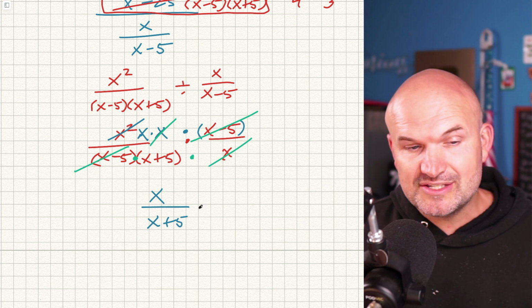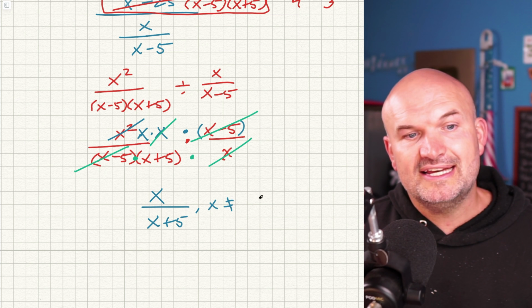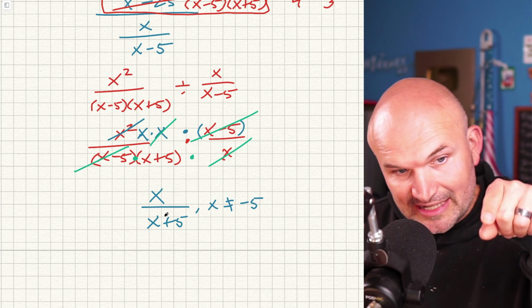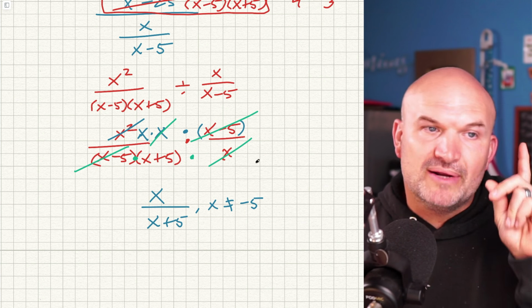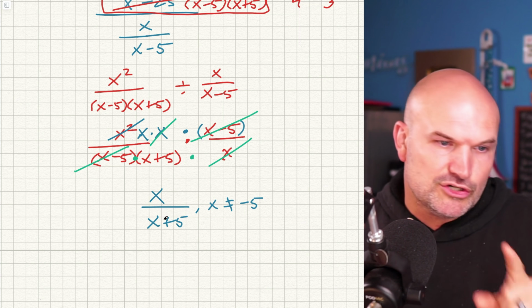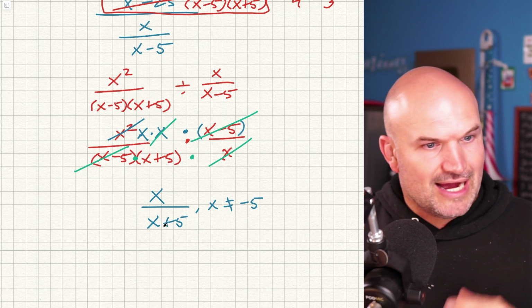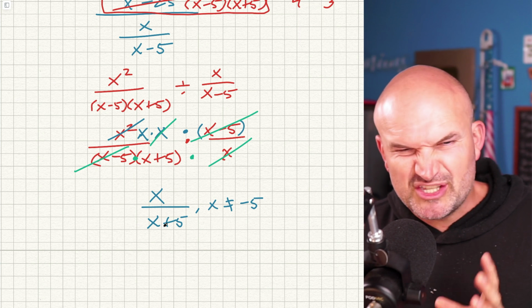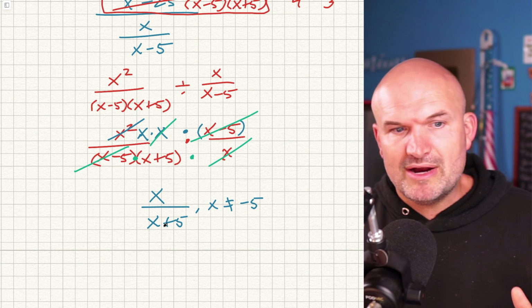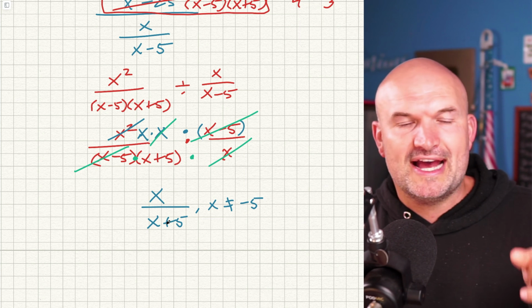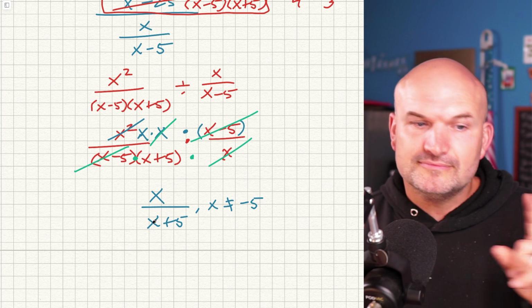Now again, in this case, we can see that x cannot equal negative 5. That's going to make my final result undefined, right? But again, we can't just find our restrictions at the end. And that's a very common thing that will happen on a test, especially like a multiple choice. That will be an answer choice. You'll do all the work correctly, but they'll have the one restriction as our simplified result.